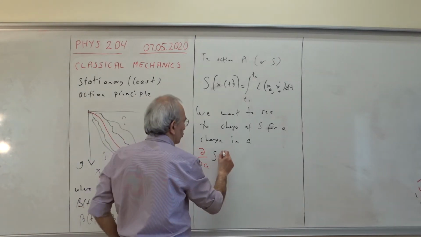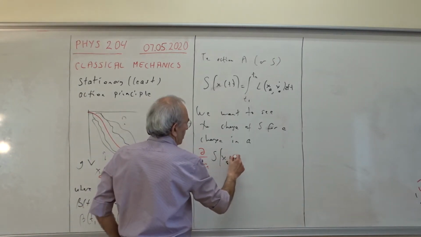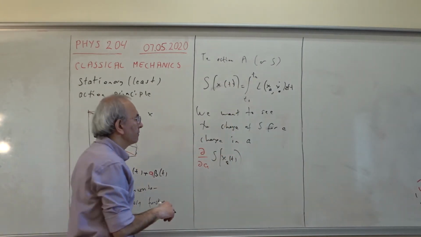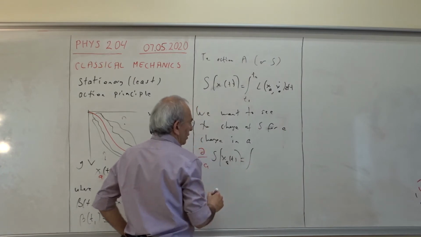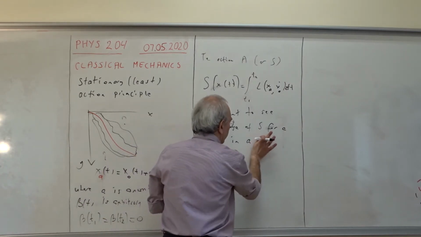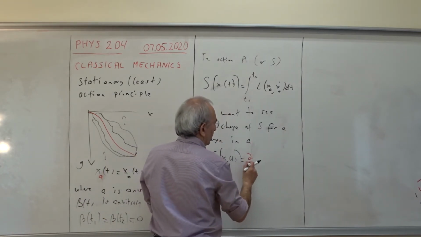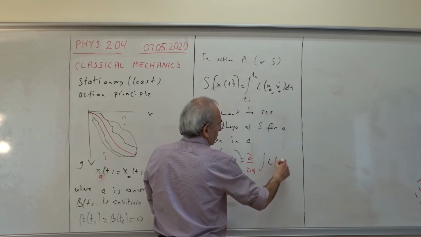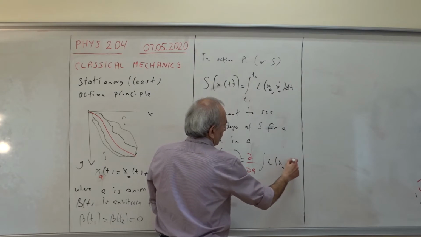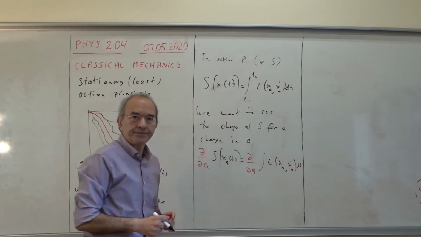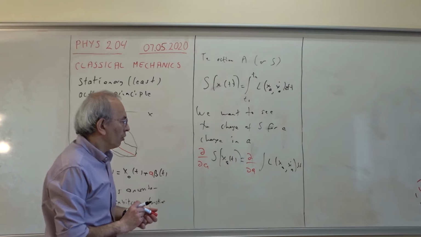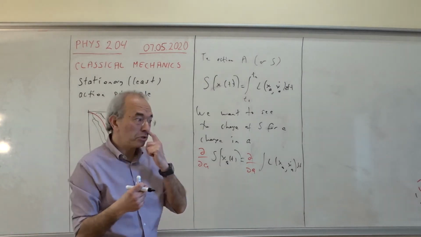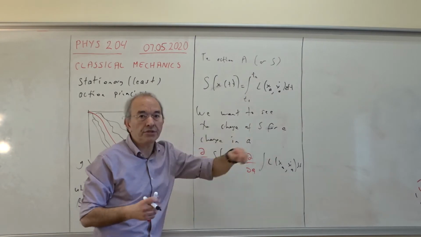Del by del a of S of x_a of t, the functional which is called action in such cases, is an integral of, let's write the del by del a here, del by del a integral L of x_a, x_a dot, dt. Of course, derivative and integral operators are interchangeable, so then you put it inside the integral.